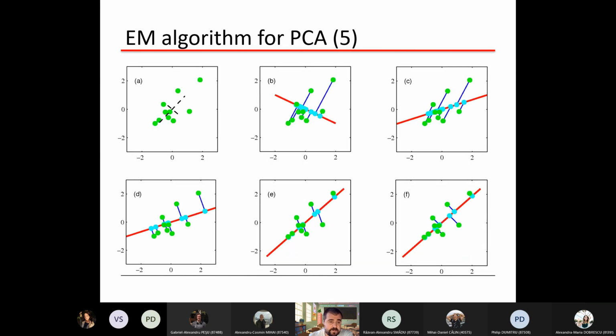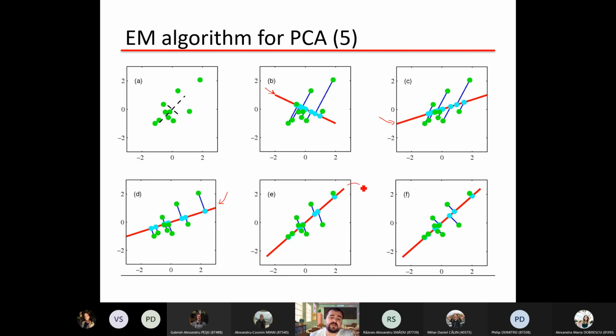And this is basically the re-estimation of the principal subspace, minimizing the squared reconstruction errors in which the projections are fixed. So if we have some initial points in the space, we have this initial estimation of the subspace. We do the projection. We fix the projection on the principal subspace, and now we try to minimize the distance between the points and their projection. So we re-estimate the subspace. Then we project the data again on the new orientation of the subspace.